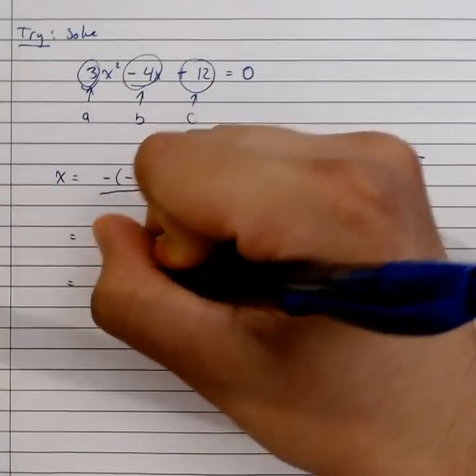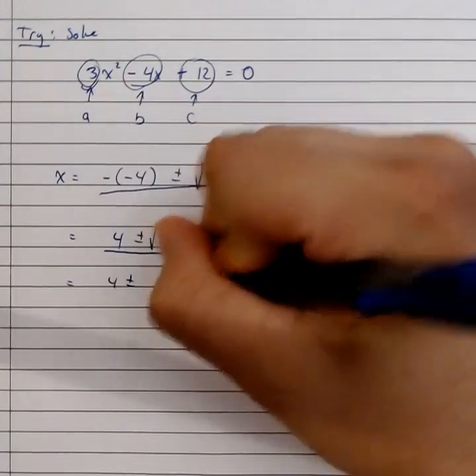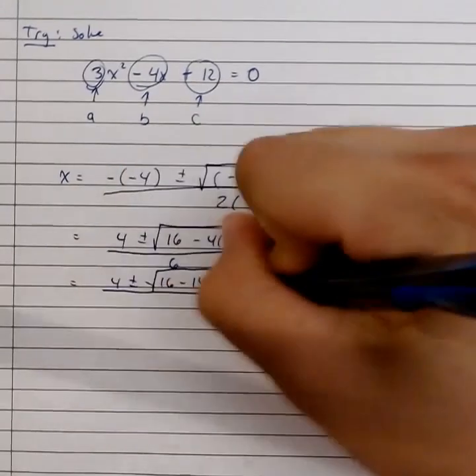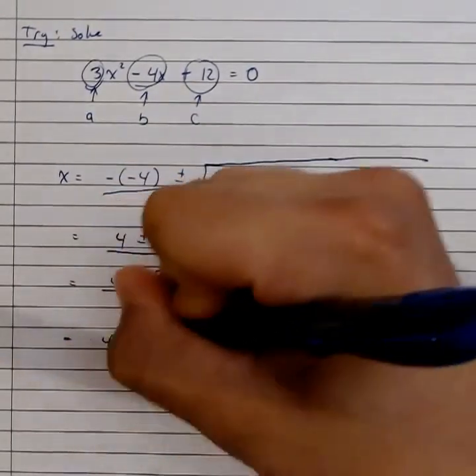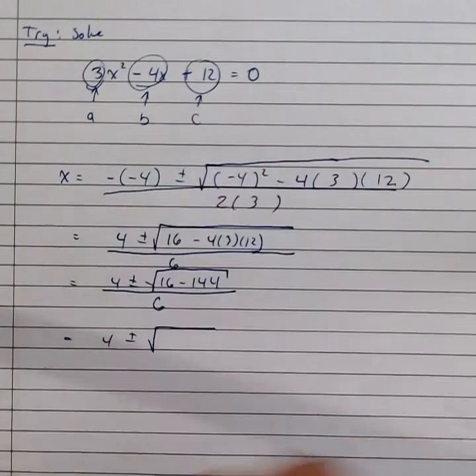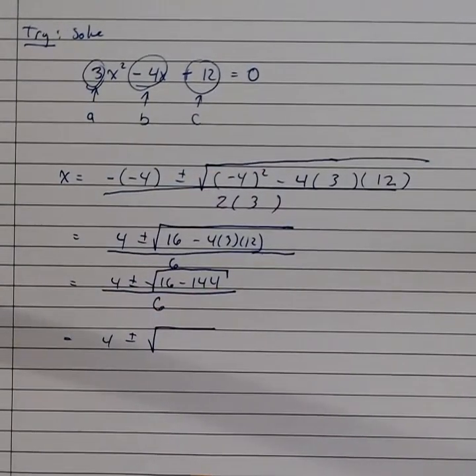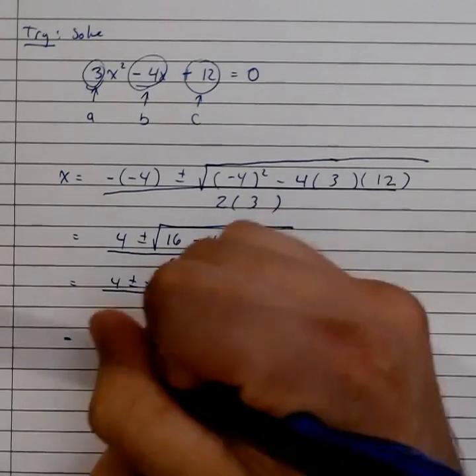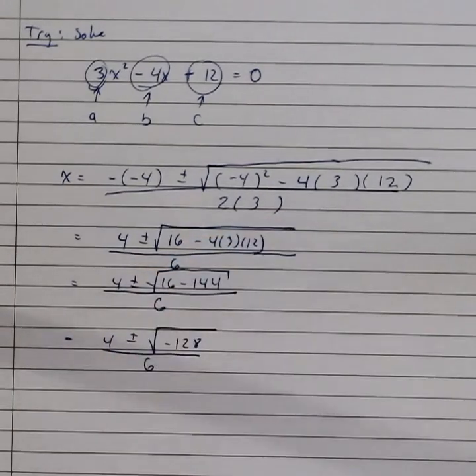So that's going to be 4 plus or minus 16 minus 144 under a square root all over 6. And now I can go ahead and subtract that. 16 minus 144, that's what, 128? Oh, but that's a negative since you're subtracting the bigger number. So negative 128 over 6, just like that.